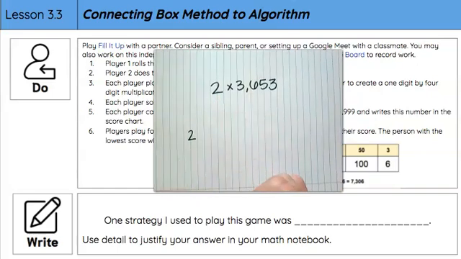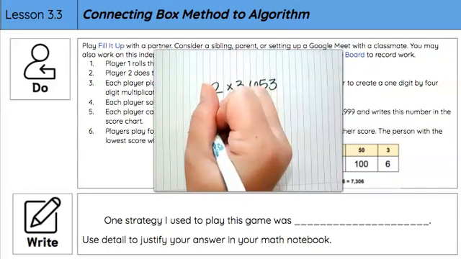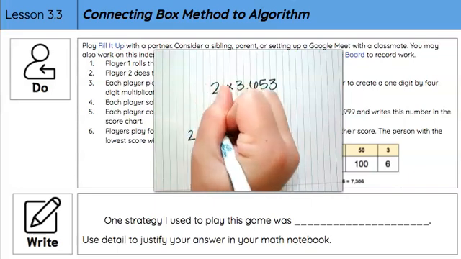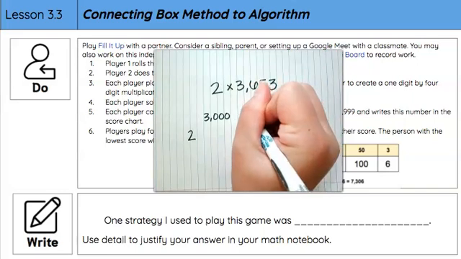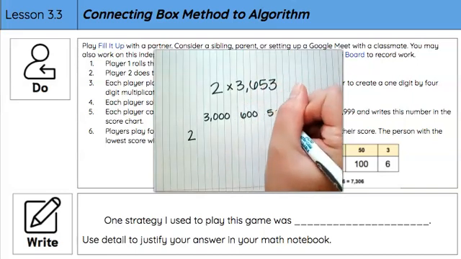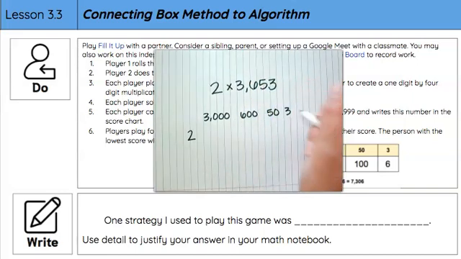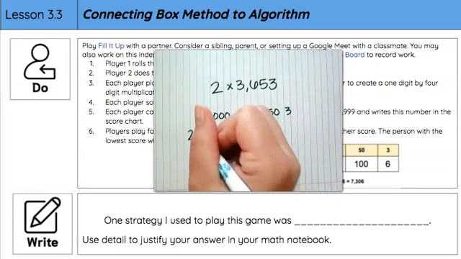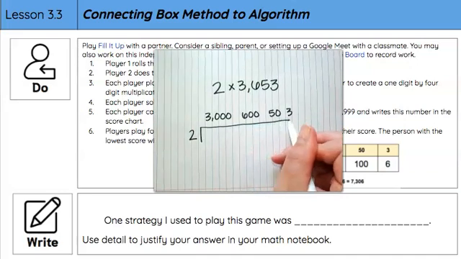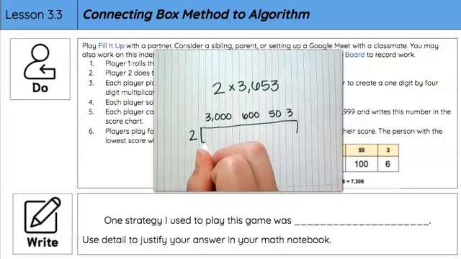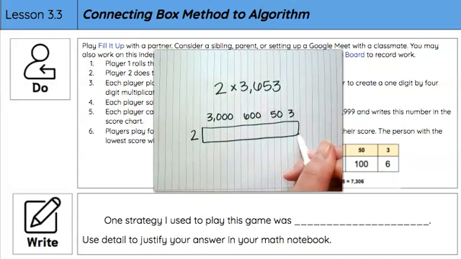The next thing we're going to do is decompose 3,653. We're going to start with the 3,000, then the 600, then the 50, and then the 3. And since this is called the box method, we can draw our boxes to keep our work organized.